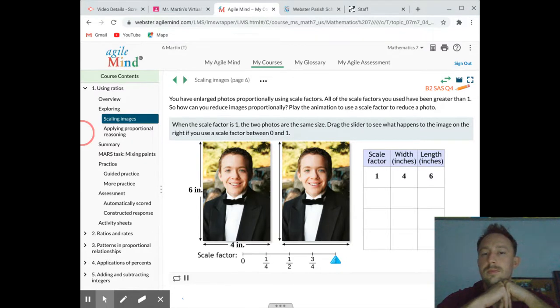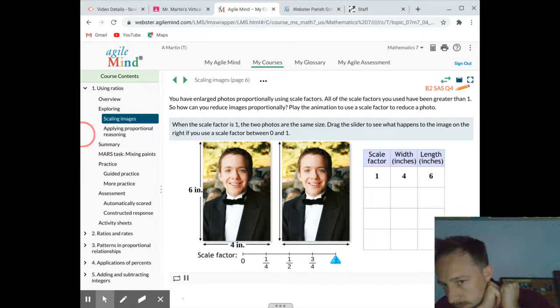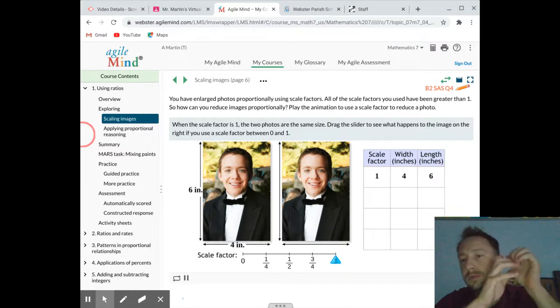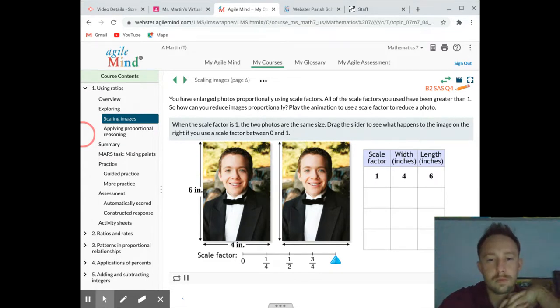So how can you reduce images proportionally? Good. Play the animation to use a scale factor to reduce a photo. When a scale factor is 1, the two photos are the same size. Drag the slider to see what happens to the image on the right if you use a scale factor between 0 and 1.